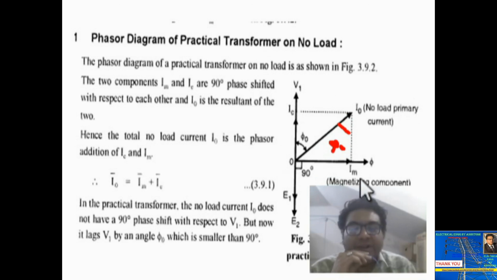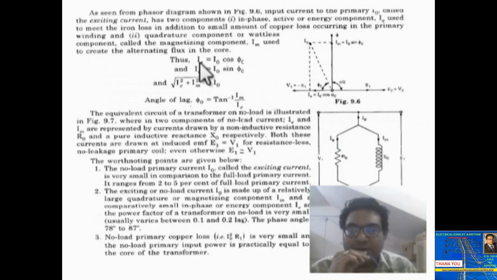So Im will be equal to I naught sin phi naught. And according to Pythagoras theorem, I naught is equal to under root of Im square plus Ic square. Okay, so this is the same formula written over here.